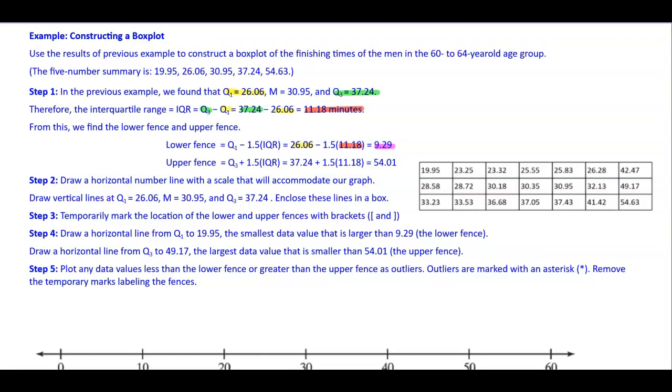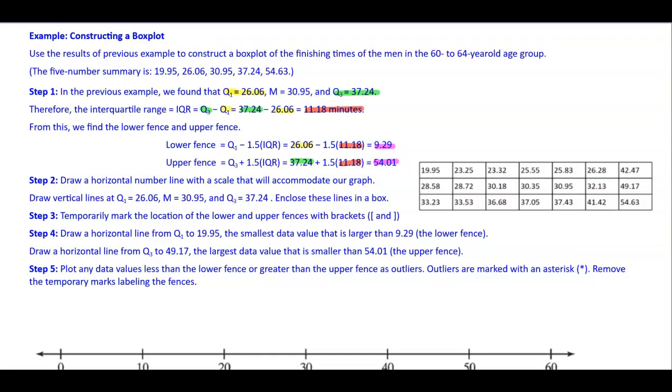And then we take quartile 3, which is 37.24, plus 1.5 times the interquartile range of 11.18 to get the upper fence of 54.01.